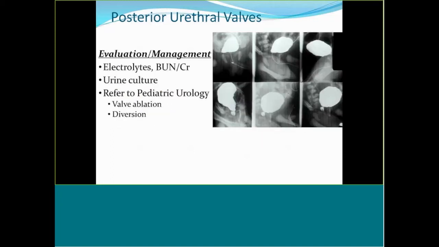We generally recommend very early referral to pediatric urology, because if the baby is large enough that they can do a scope and visualize it, they can do the valve ablation right then and there and relieve the obstruction. If that's not feasible, then some type of urinary diversion, usually a vesicostomy, again, to relieve the pressure of backflow onto the kidneys and try to minimize damage to the kidneys.